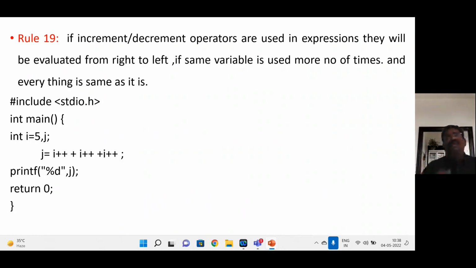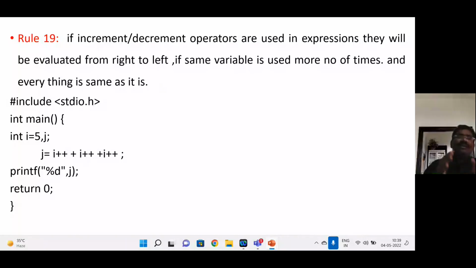Right to left, if a variable is used more number of times and everything is the same as it is.